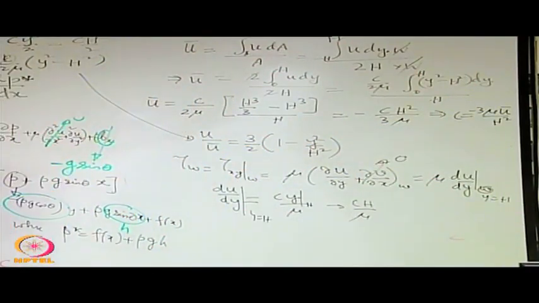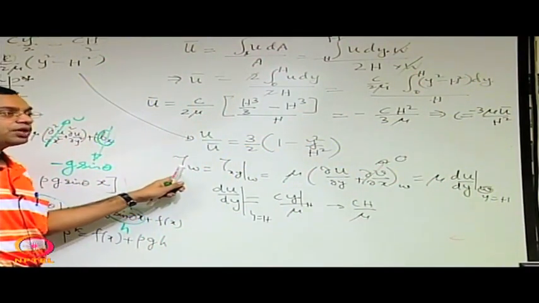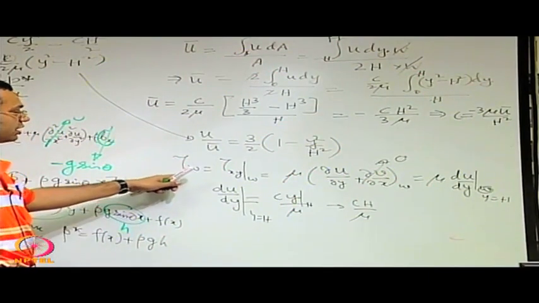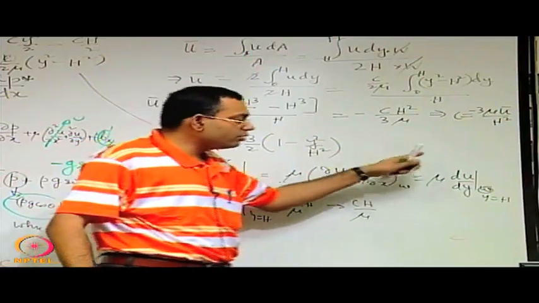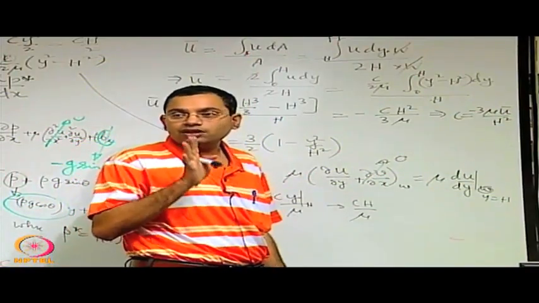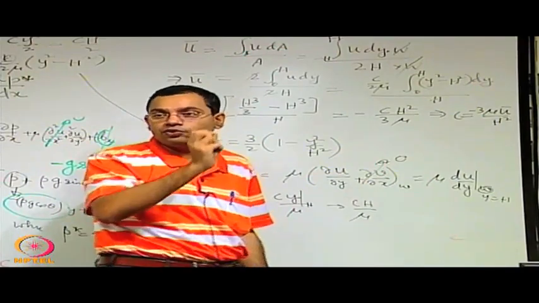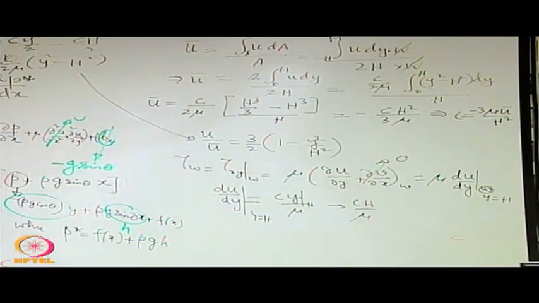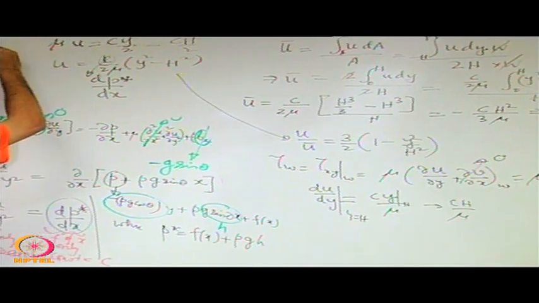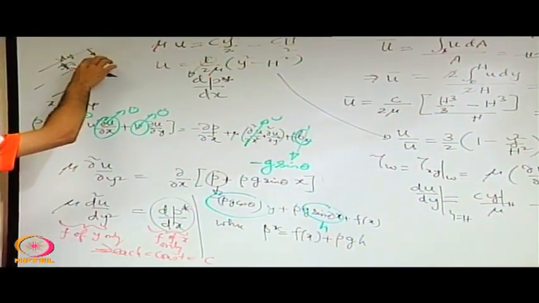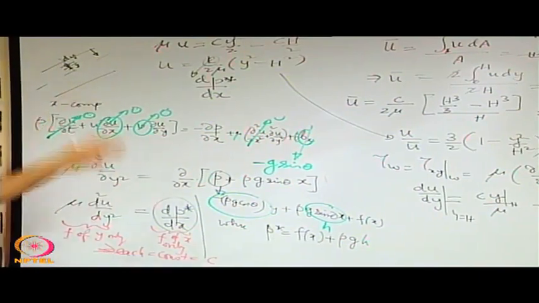One important thing is we have not substituted this with a proper sign. Remember that when you write tau as mu du dy, then that y is what? A coordinate which is perpendicular to the wall, from the wall to the fluid. So we are considering the top wall here, ideally that y coordinate should have been this one, but our y coordinate is opposite to that.